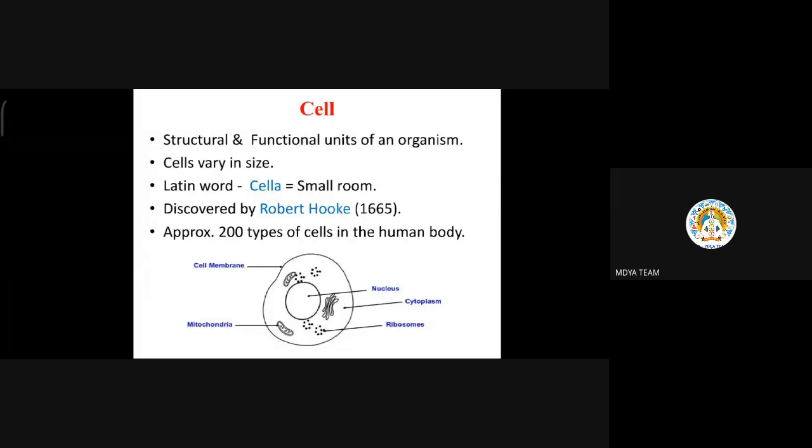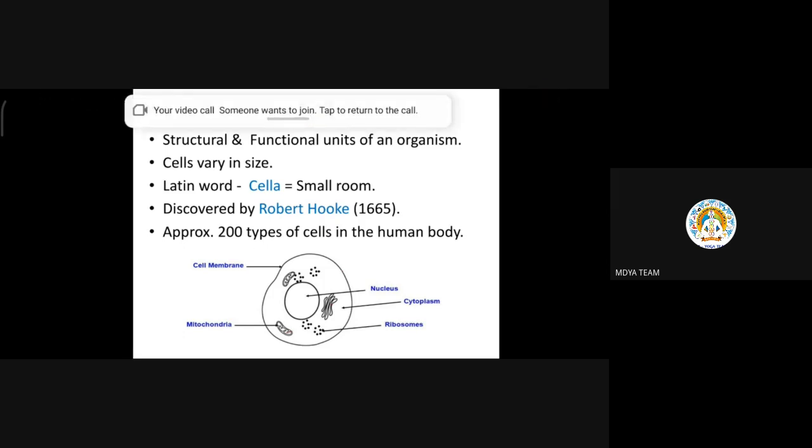And it was discovered by great scientist Robert Hooke in 1665. And there are approximately 200 or more types of cells in the human body.